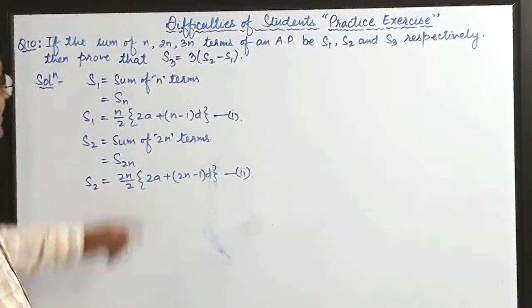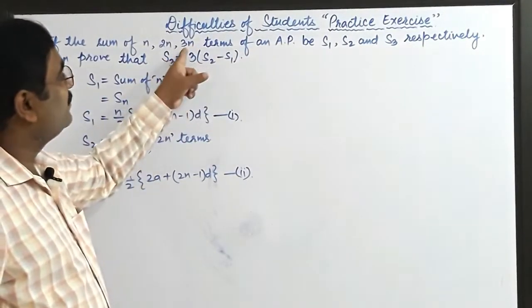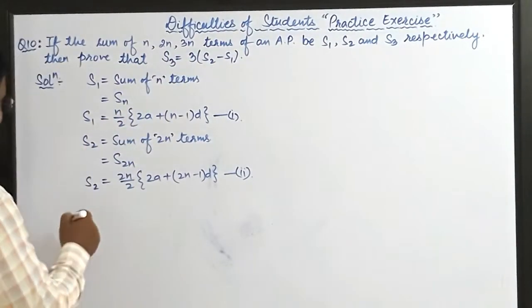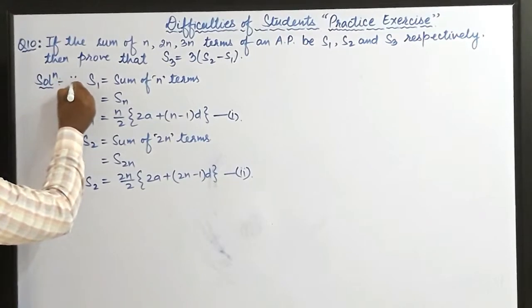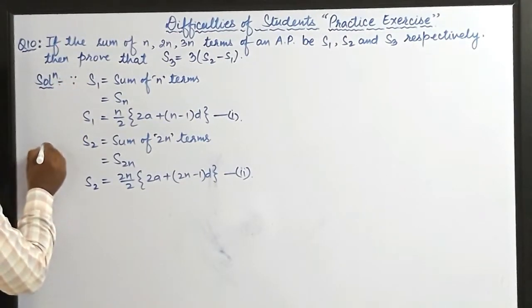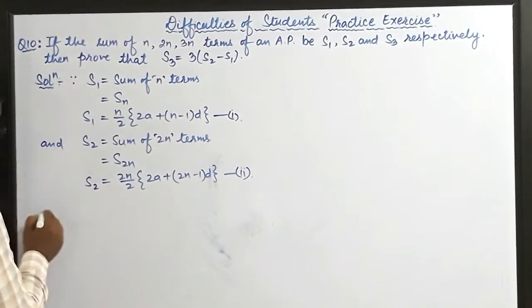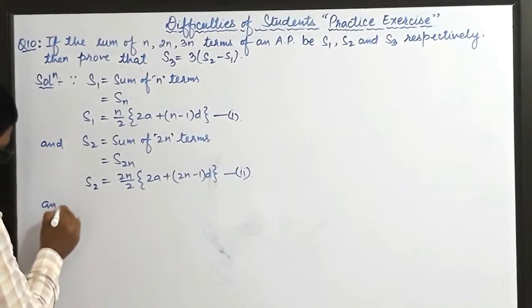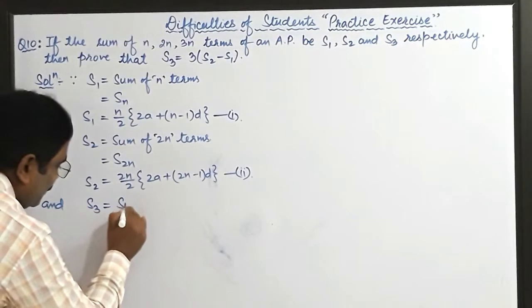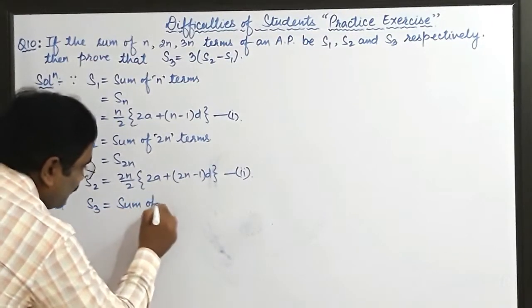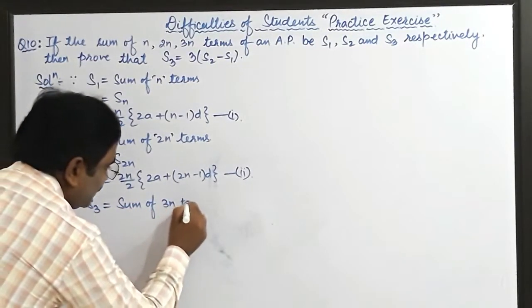Similarly, S3 is the sum of 3n terms. So this was S1, it was S2, and S3 is given as the sum of 3n terms.